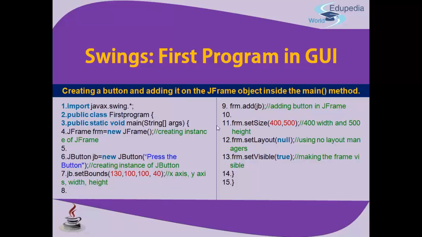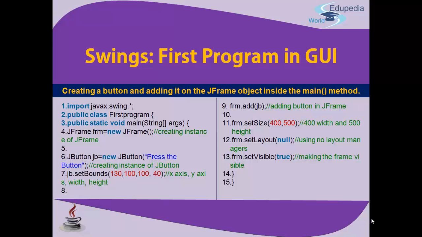Coming to line number 9, you can see frm.add. frm is the object of the JFrame, which you defined before creating the object of JButton. Here you have added the jb button onto the frame, which I already explained. Line number 10 goes empty.